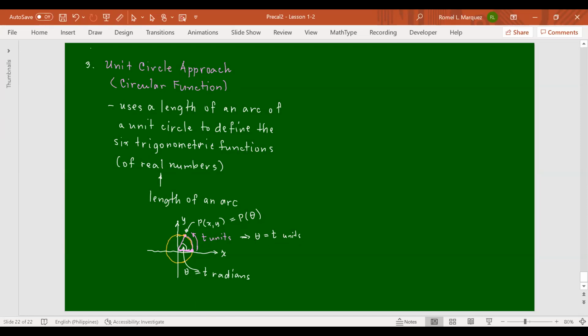Is that clear, children? That is where the domain and range of the trigonometric functions come from, as functions of real numbers. So your input is a real number, and the output is also a real number. But the nice thing is that an input of 2 units, or 2, is actually 2 radians for the central angle. And all you have to do is convert to degrees to make it a degree measure.